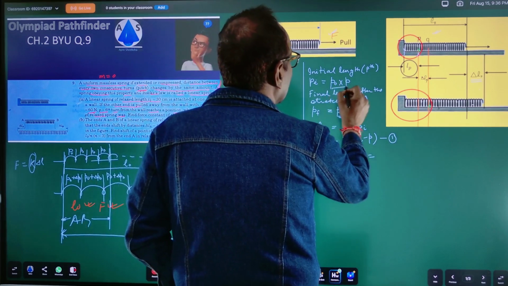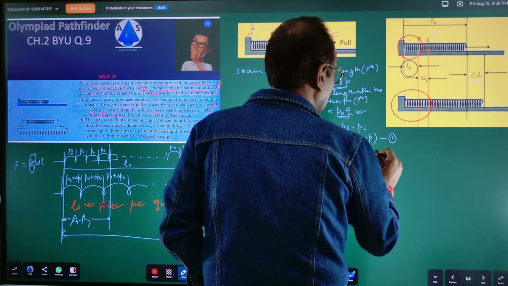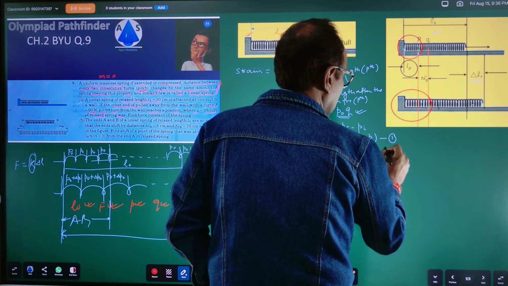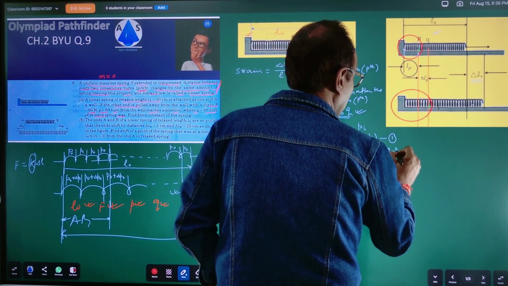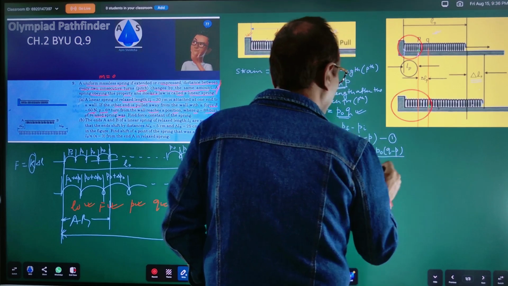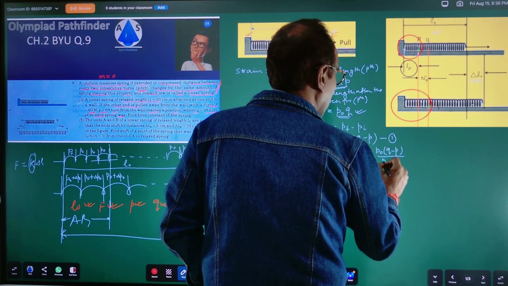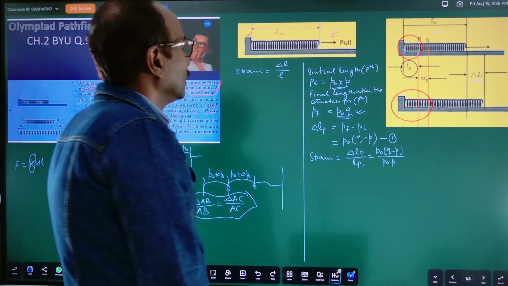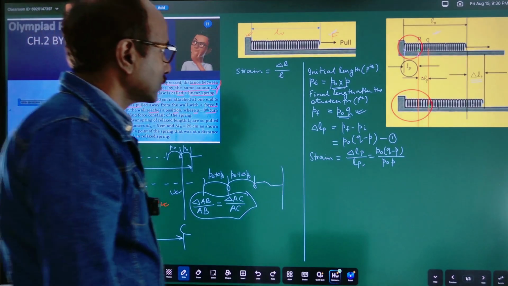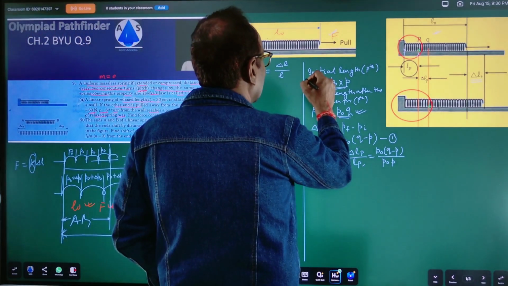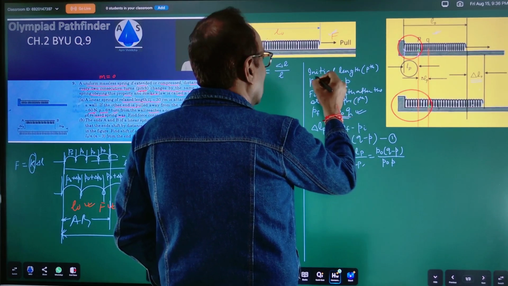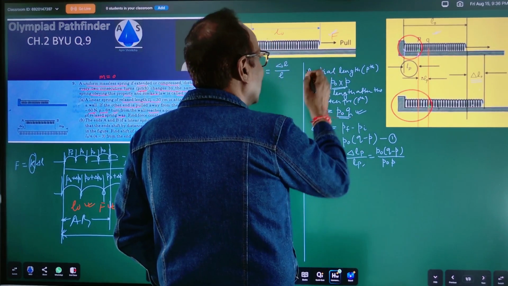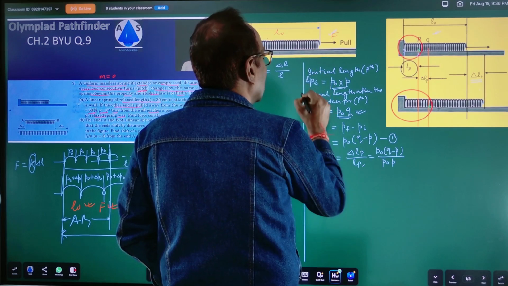Let us write this original length as LPI, I think that would be better to avoid confusion.